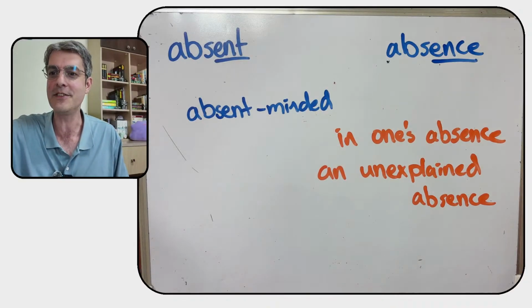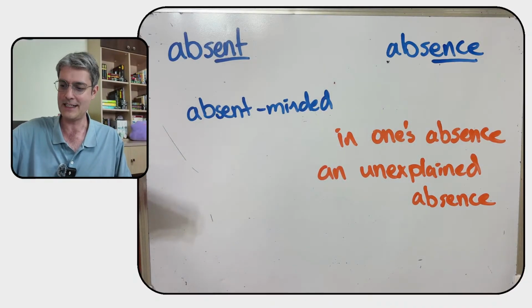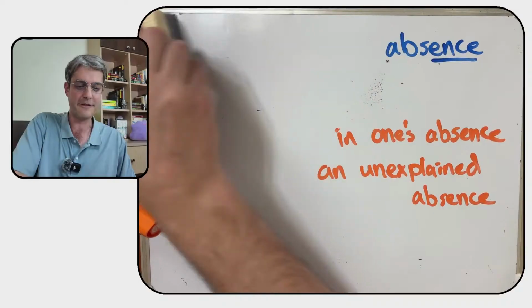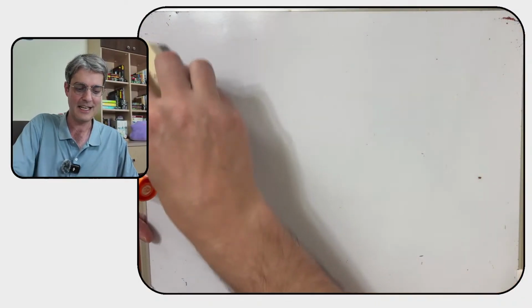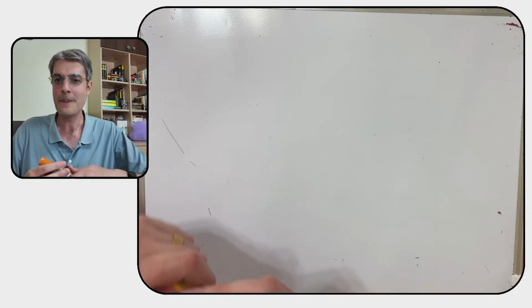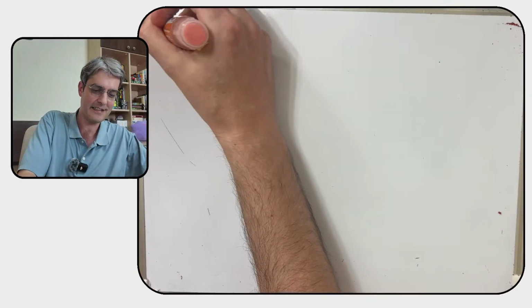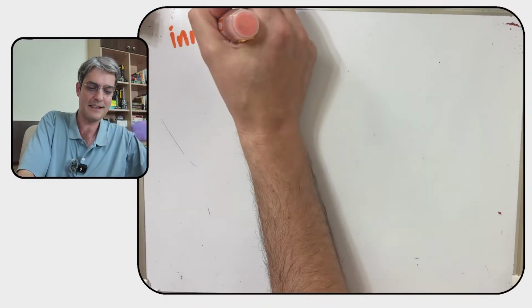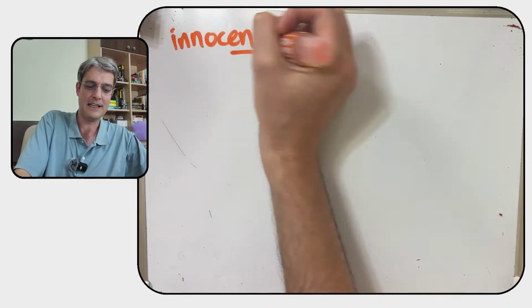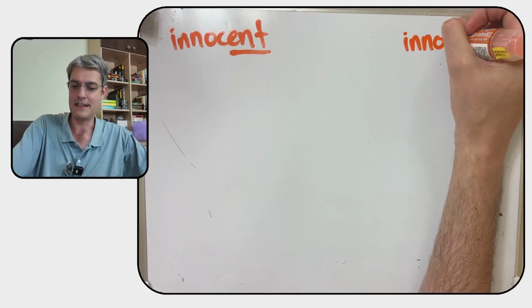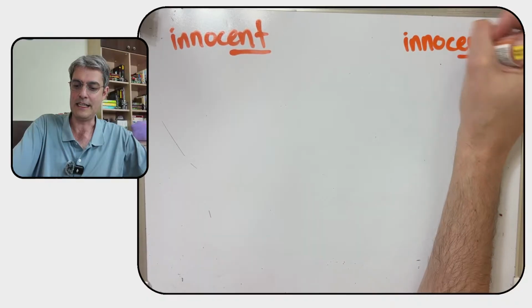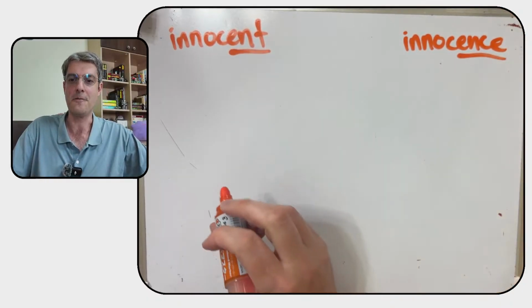So now we're getting into our next batch of adjective-noun pairs that end in ent and ence. And we got innocent, ends in ent, so it's an adjective, and innocence, ence, that is our noun.